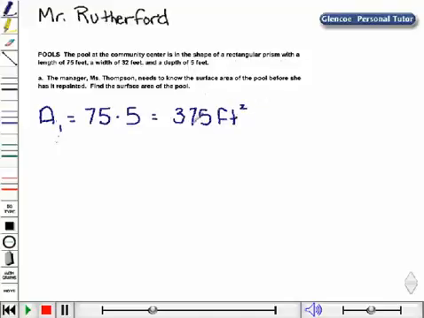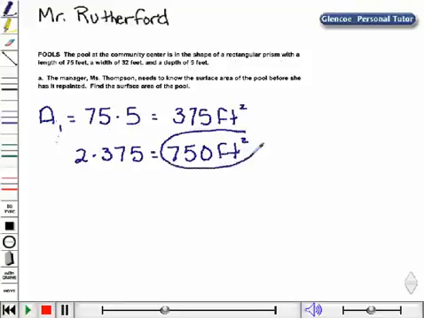But now we have 2 rectangles that are identical across from each other, and so we're going to multiply 375 by 2. So 2 times 375 is equal to 750 square feet. Okay, that's our first area.